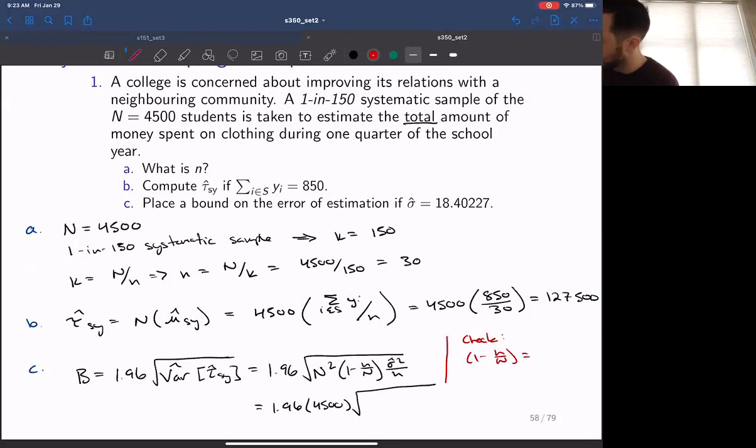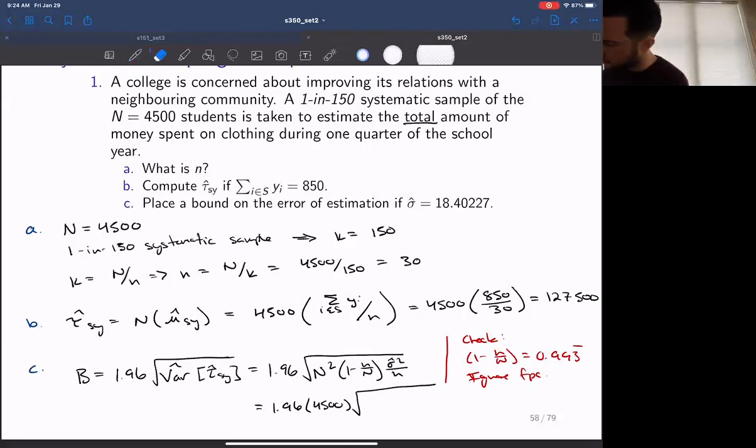Yeah, okay. So we can ignore the FPC here. Sorry about that. So we don't need this part.